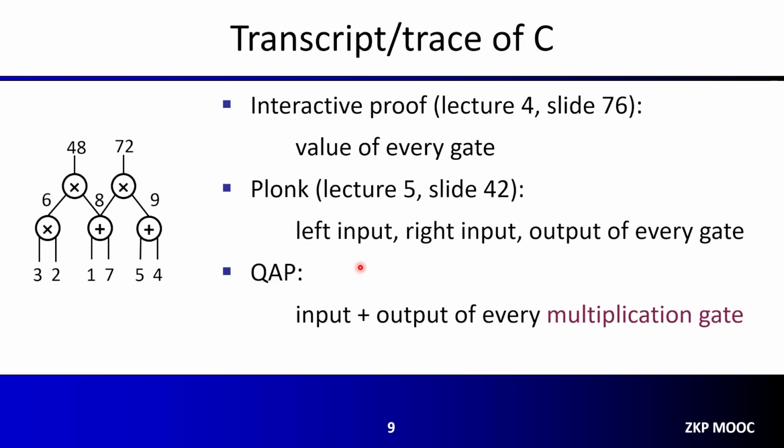So following the same ideas, we are going to define the transcript of QAP for this lecture. Again, it will be slightly different from both interactive proofs and Plonk. This time, we are going to define the trace as the input plus the output of every multiplication gate. And we are going to ignore the output of addition gates this time.